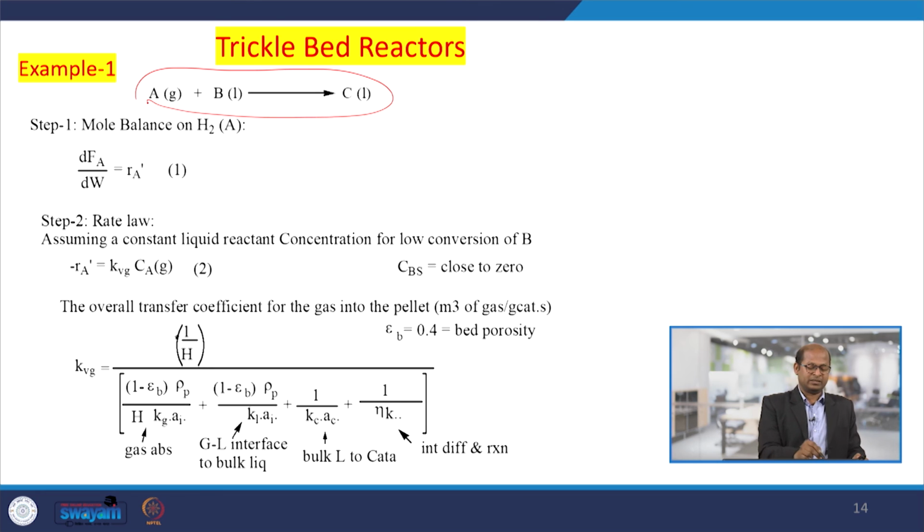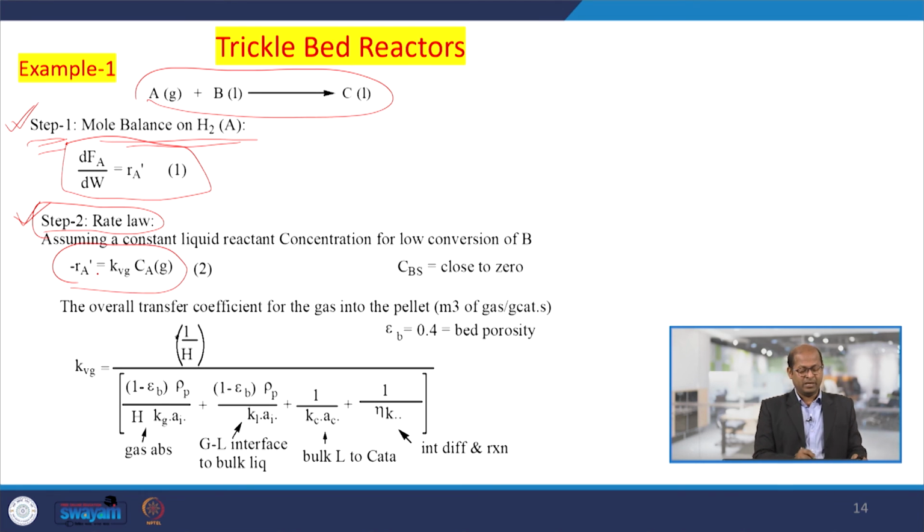This is our reaction, and from step 1 we start with the mole balance equation. Step 2 is the rate law: for this reaction, minus Ra prime equals Kvg times Cag. Component B concentration is assumed constant, so we are not putting it here, and we have assumed a first order reaction.